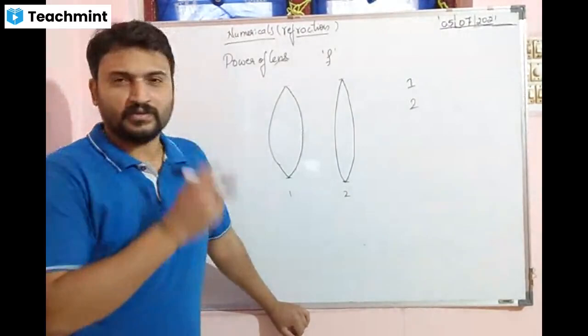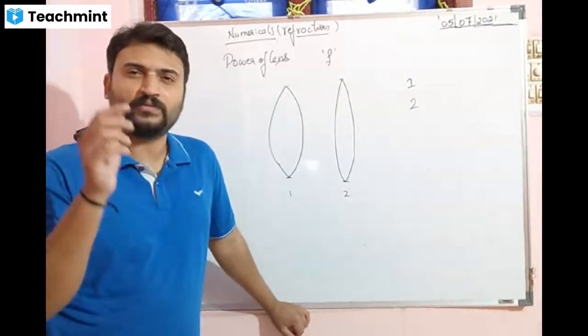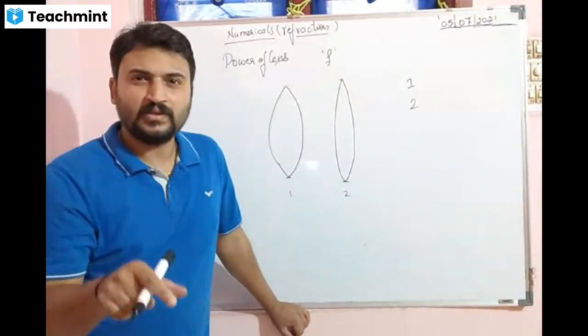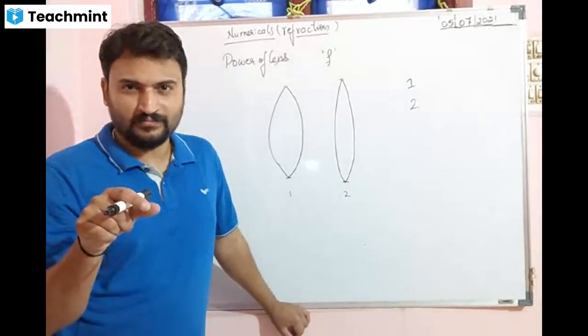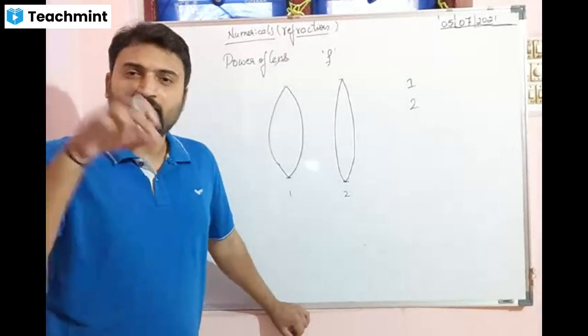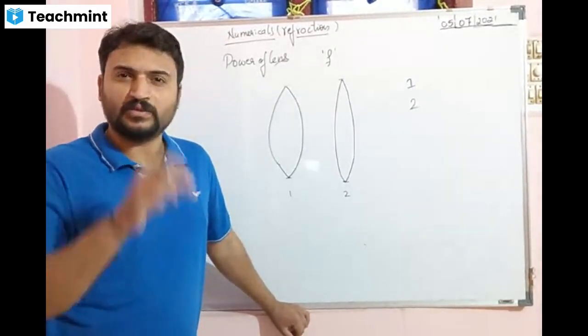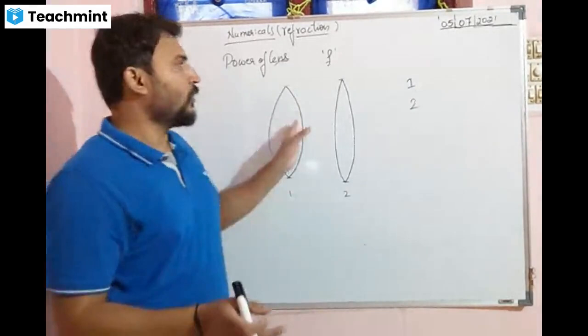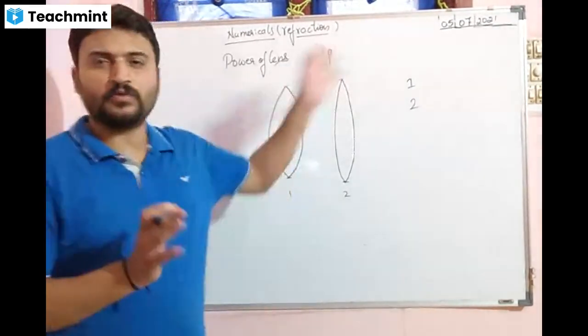Principal focus means where the image is formed. When the object is at infinite distance, the image is formed at the principal focus. That point we consider as the principal focus. The distance from the principal focus to the optic center is called the focal length.